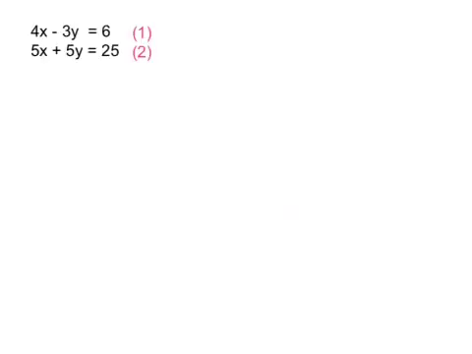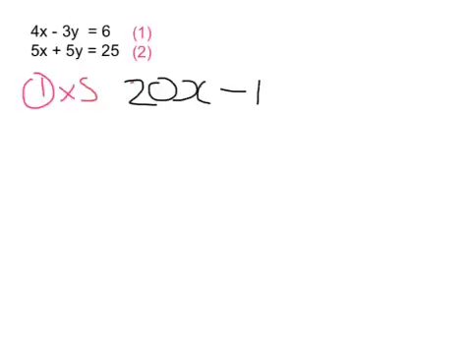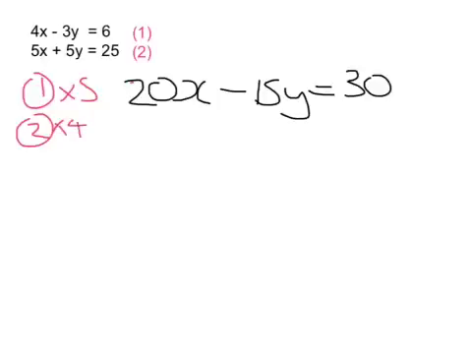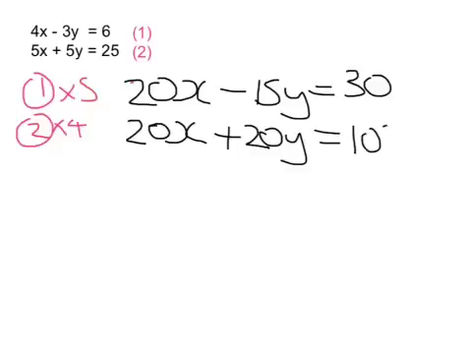I'm going to start off by multiplying equation 1 by 5, so I get 20x take away 15y equals 30, and I'm going to multiply equation 2 by 4, and this means that our x coefficients are the same, so I'll have 20x plus 20y equals 100, and I'll call that equation 3.